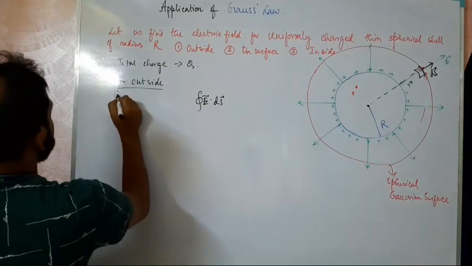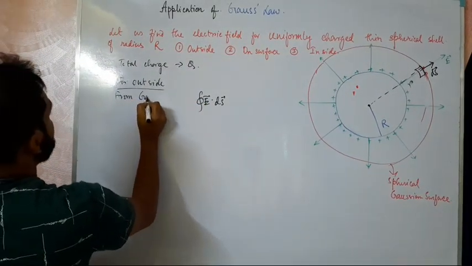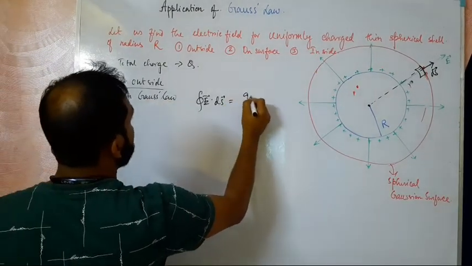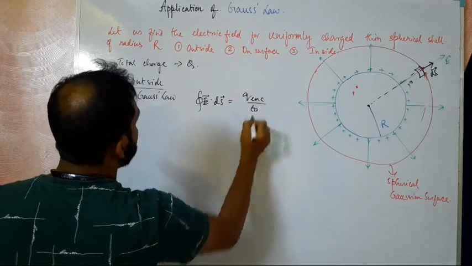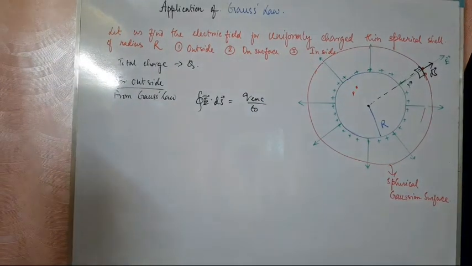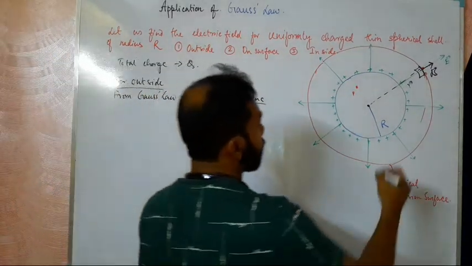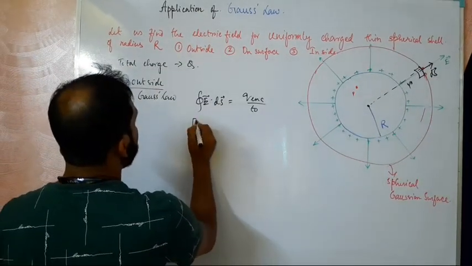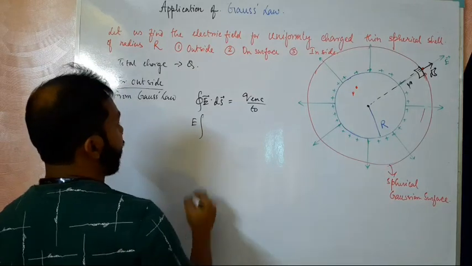From Gauss's law, the closed integral of E dot dS equals q enclosed by epsilon naught. Now E is constant since r is constant, so E comes out of the integration.